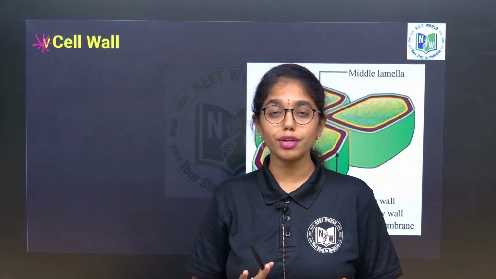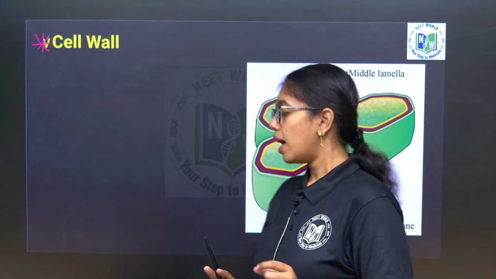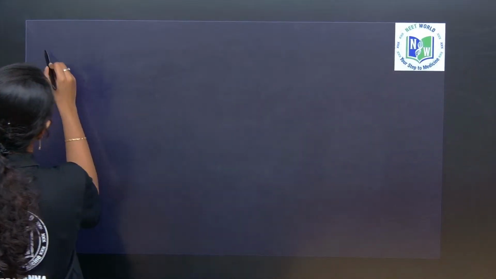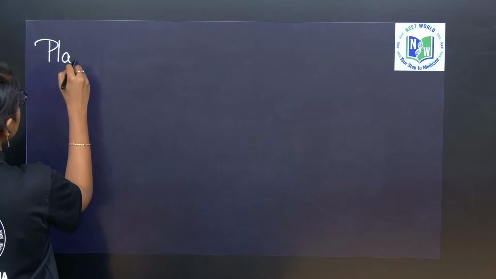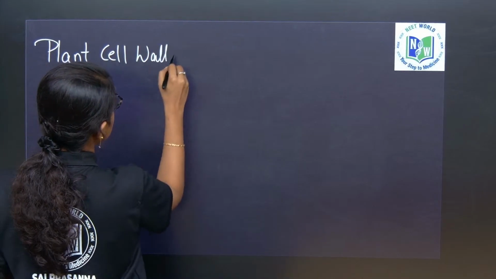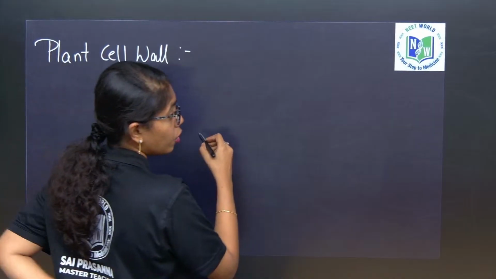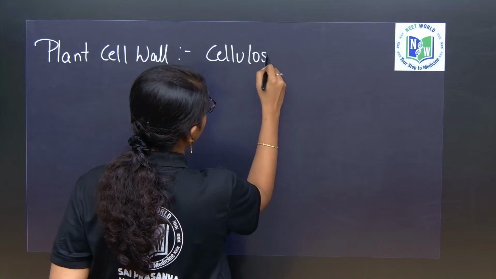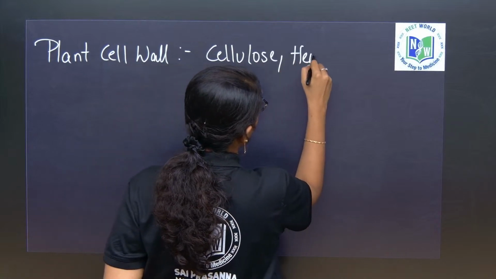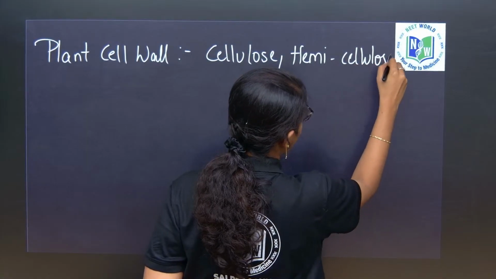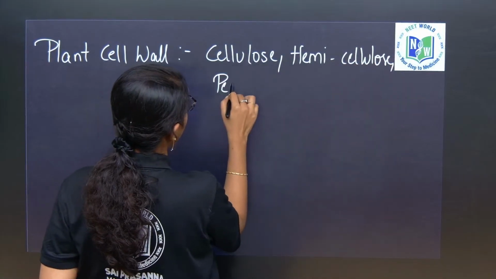First, let us look into the composition of the plant cell wall, algal cell wall, bacterial cell wall and fungal cell wall. Plant cell wall is composed of what? Cellulose, hemicellulose, pectin. Cellulose, hemicellulose and pectins.